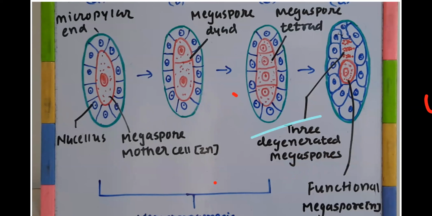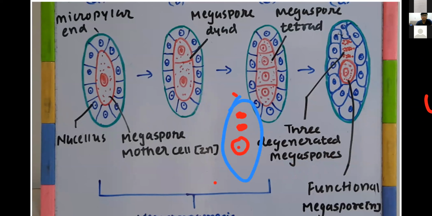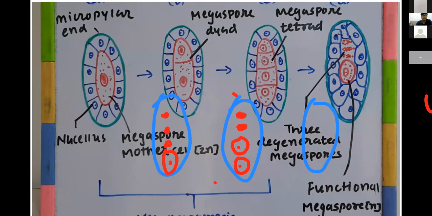Okay, let me explain an optional arrangement. Out of the 4, if 3 degenerate and 1 is left, and that one gives rise to a female gametophyte, that is called monosporic development.